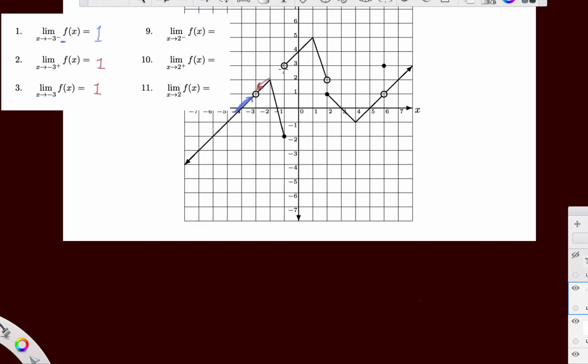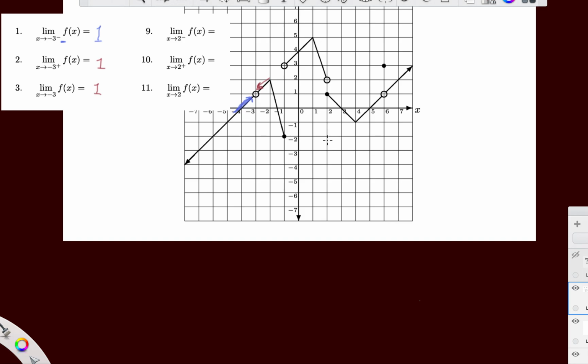Let's get back to this side. We're going to look at 2 the same way. So we go over here to 2, and this says, as we approach 2 from the left. Let's see if we can find something else.